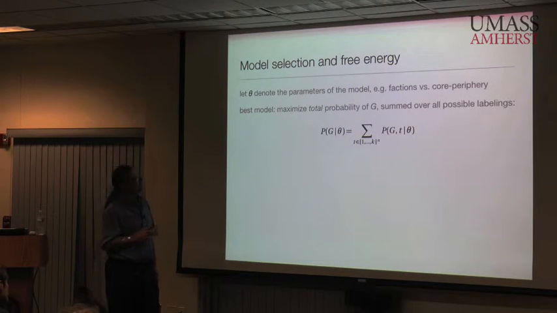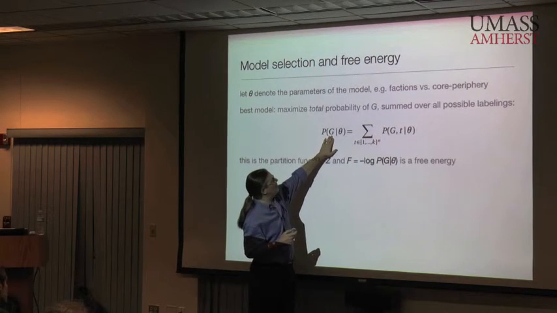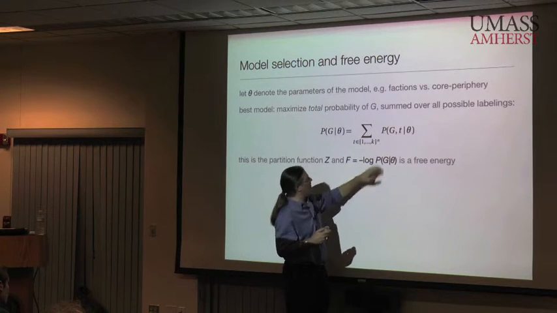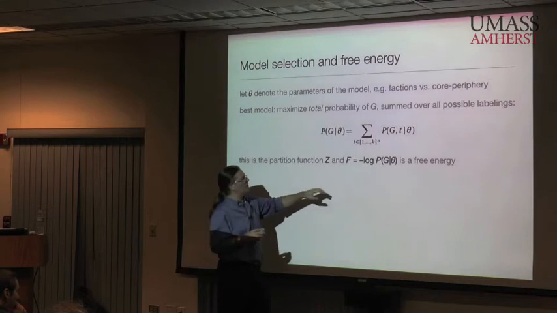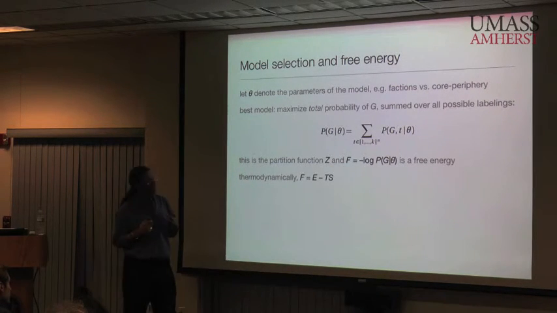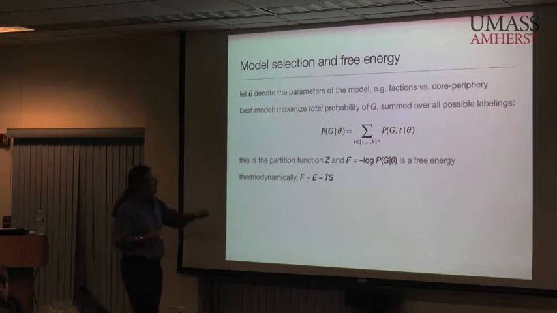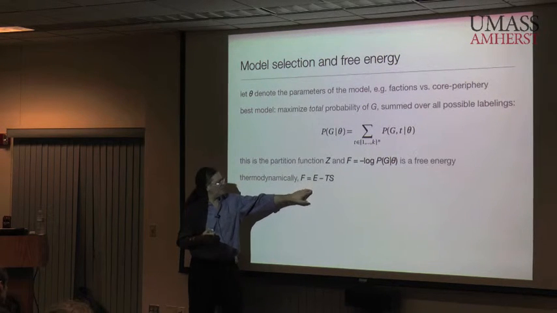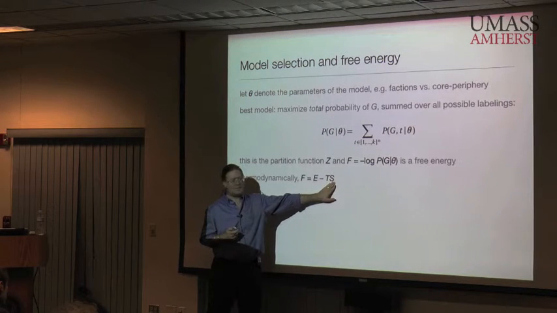So if you look at this total probability given a certain set of parameters, that's the sum over all possible labelings. Maximizing that is the same as minimizing minus its log, which we call the free energy. And if you remember your first semester thermodynamics class, the free energy has these two terms. There's the average energy, but then there's the temperature times the entropy.